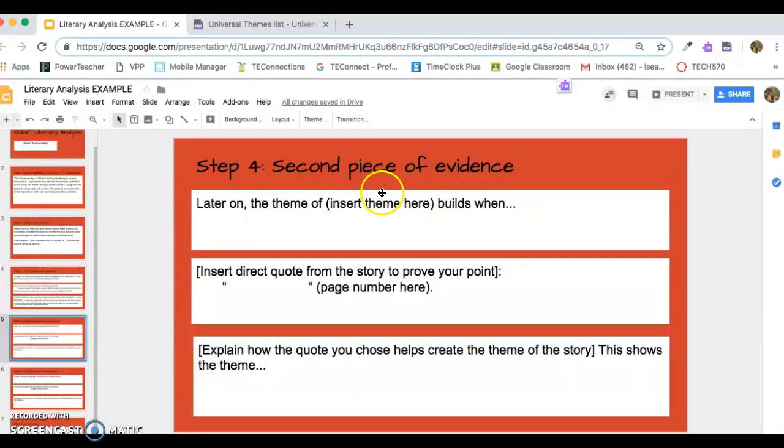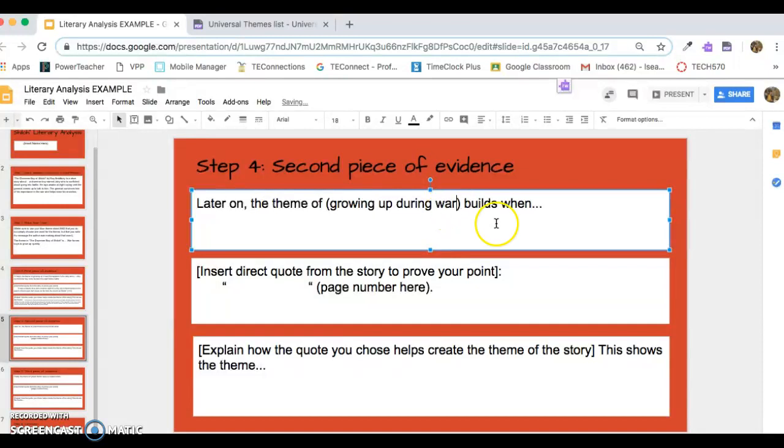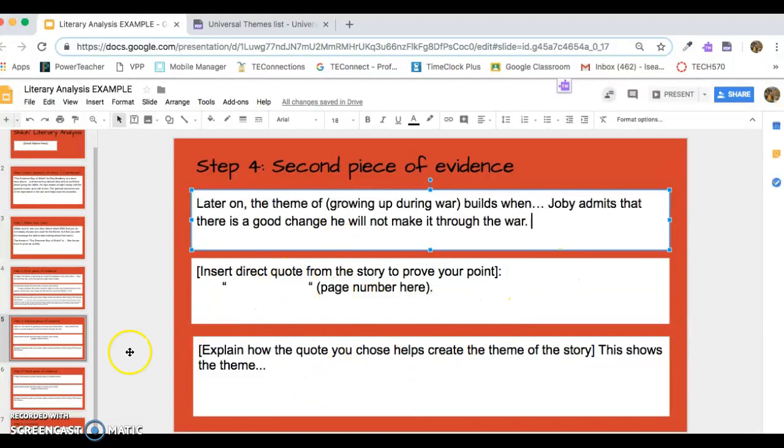So my example from the second piece of evidence might be later on the theme of growing up during war builds when Joby admits that there is a good chance he will not make it through the war. Then I need to find that quote that proves it and explain how this quote proves it.